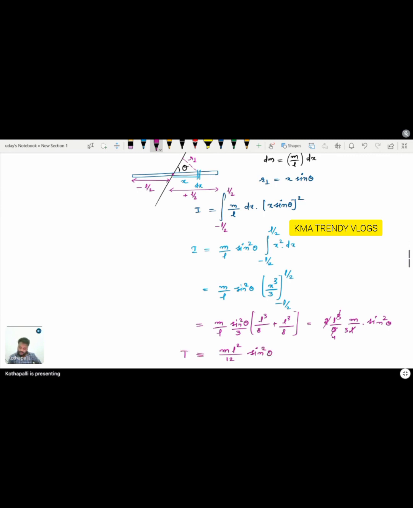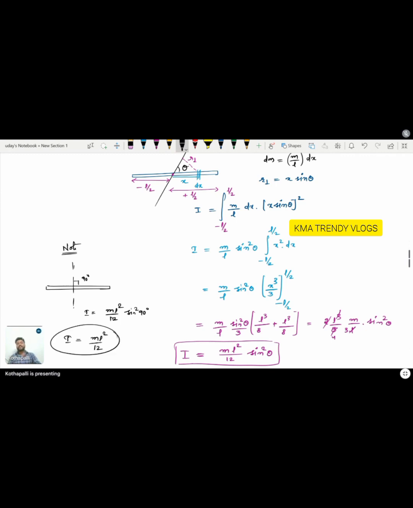This is the moment of inertia of the rod about an axis passing through its center and making an angle theta. As I told you in the previous condition, note point: what if the rod is making 90 degrees with the axis and passing through its center? The moment of inertia will be m L square by 12 into sine square 90, which is I equals m L square by 12.